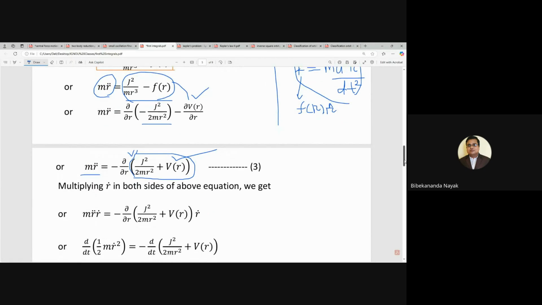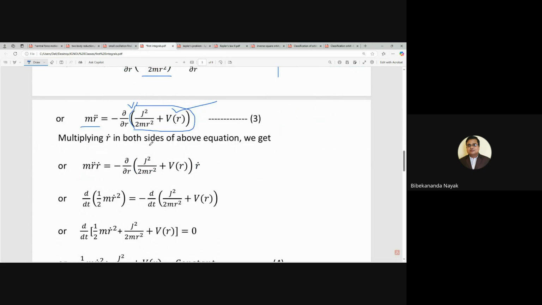Okay, we go to the next slide. Now, what is the significance? Let's say we want to get some conclusion from this equation. For that we do some mathematical simplification: we multiply r dot on both sides. So we get this equation, but this left hand side can be written as derivative of half m r dot square.